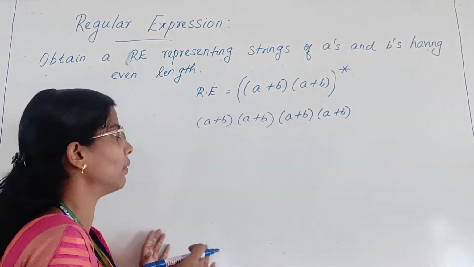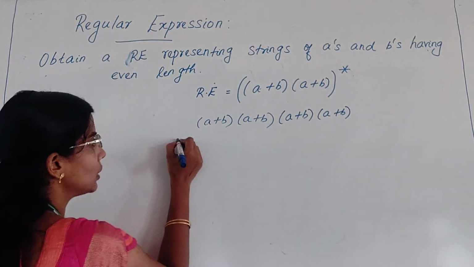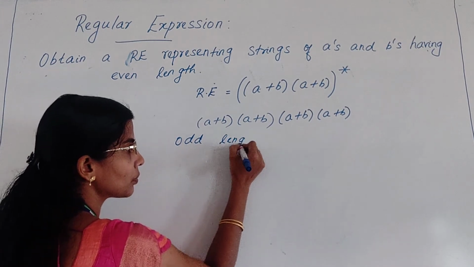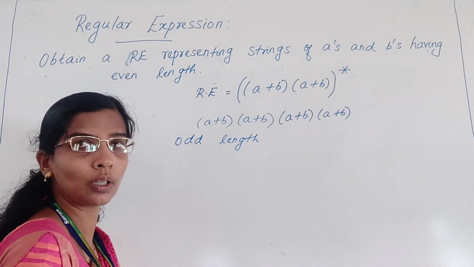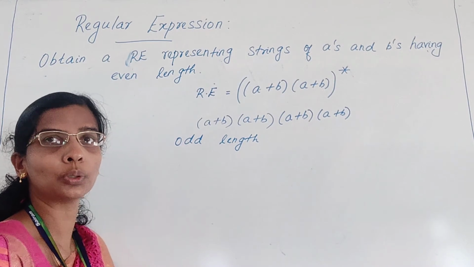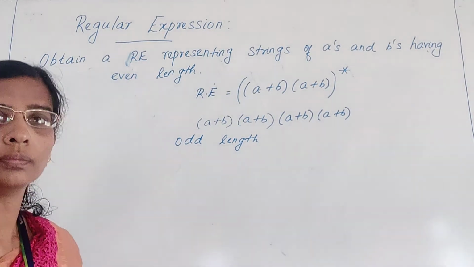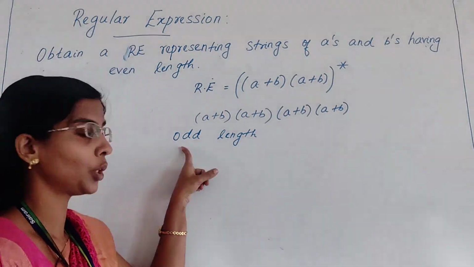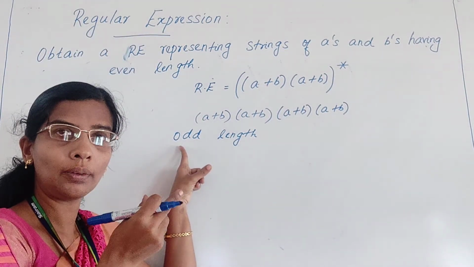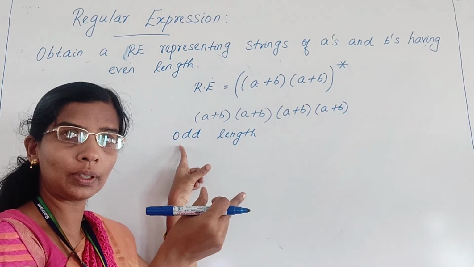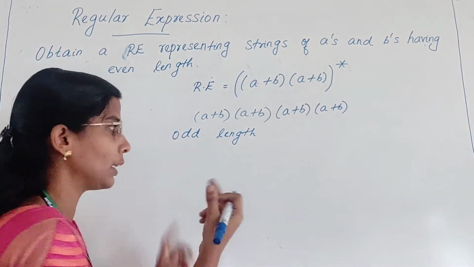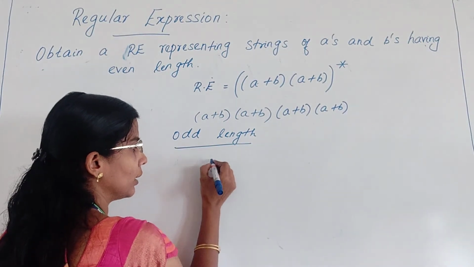Suppose I want strings of odd length. If I want strings of odd length, how to do it? For odd length, what should I do? Even length, when it is multiplied with an odd length, I'll get odd length.